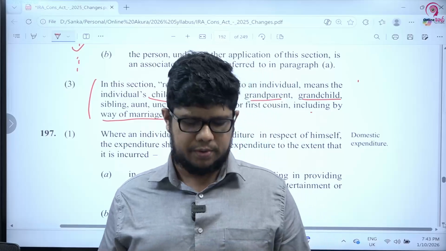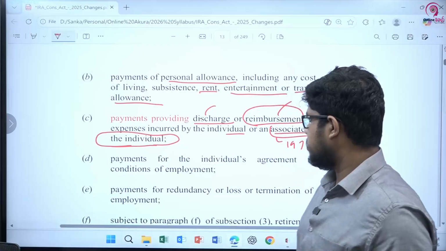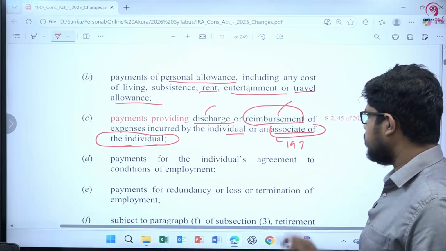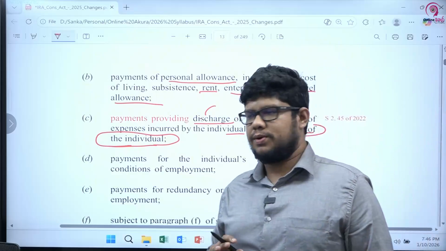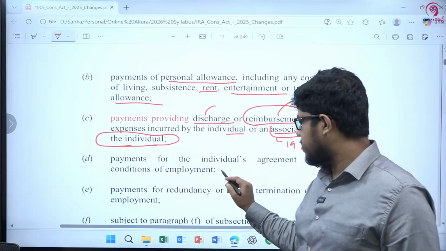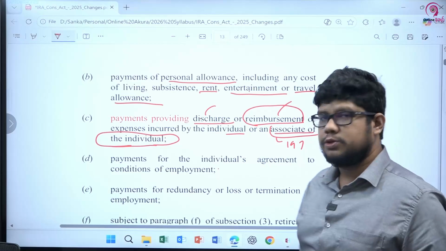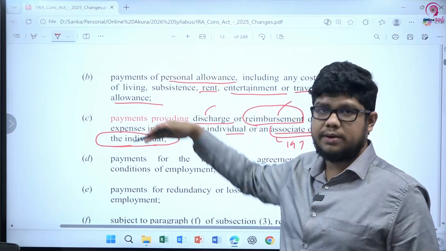Let's go to the employment income part again. So students, next one, D, payment for the individual's agreement to condition of employment. So it's another important item, right? You need to write every example that I am giving, under these earlier ones also.